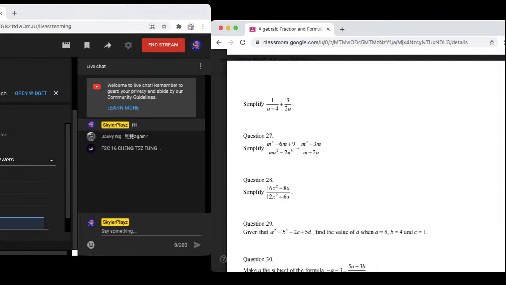Factorize n squared, (m minus 2n). And then we reverse the fraction because it's division. So (m minus 2n) at the top, no change. Factorize m, so (m minus 3). (m minus 2n) cancel. (m minus 3) cancel 1. And therefore, the final answer is (m minus 3) divided by mn squared. That's the answer.